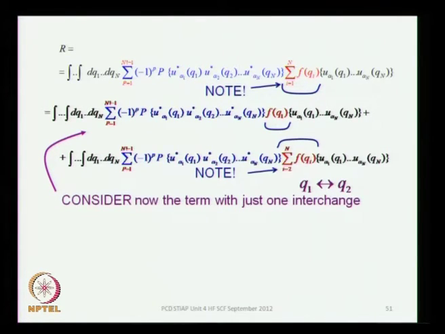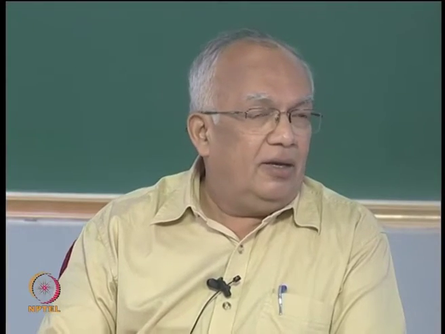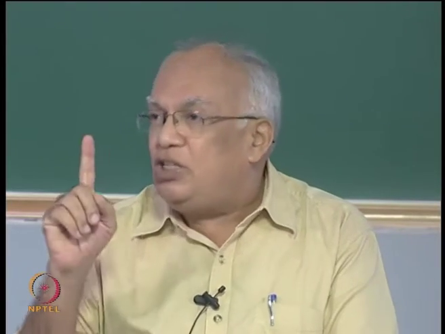So, we have all the remaining permutations, and the remaining permutations will have at least one interchange, because the identity is the only one which does not have an interchange, and we have already separated that term. So, it will have at least one interchange.